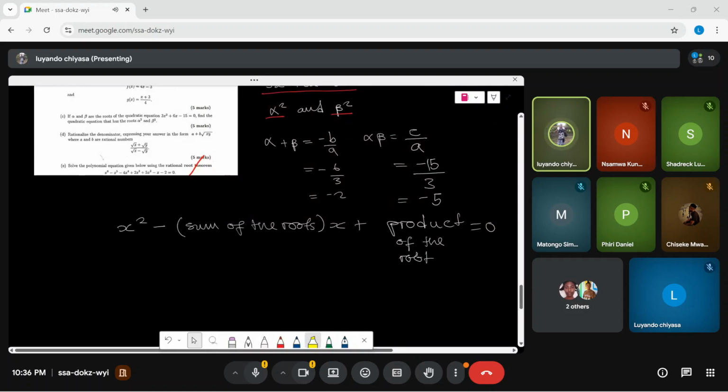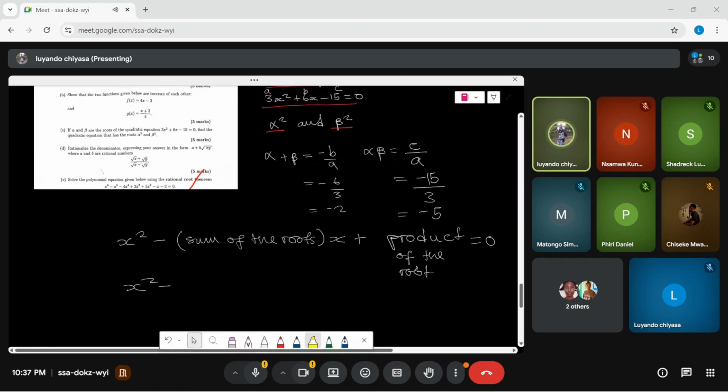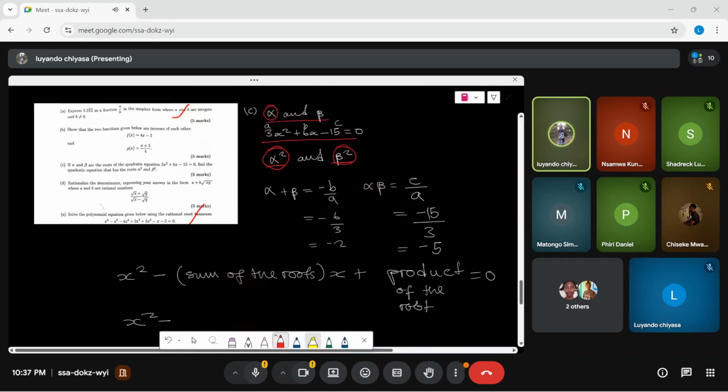So in our case, that will be x squared minus the sum of the roots that we are looking for. The roots we have been given are alpha squared and beta squared. Don't get these; they already have an equation.